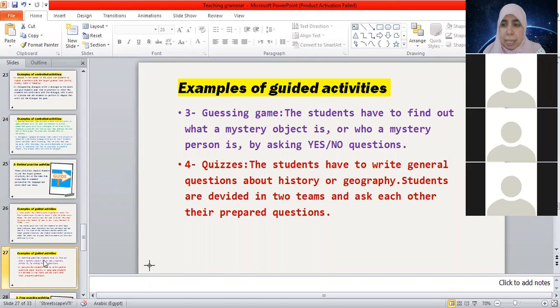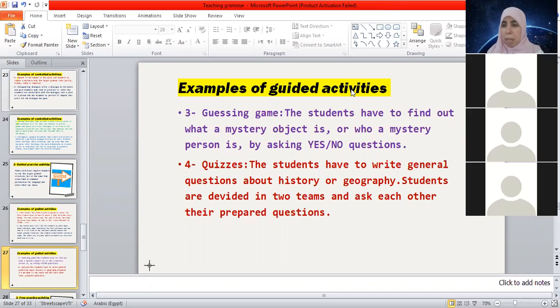Okay, have you used this activity before in your classroom? Yes or no? You can type in the chat box. I'm talking about a guessing game.